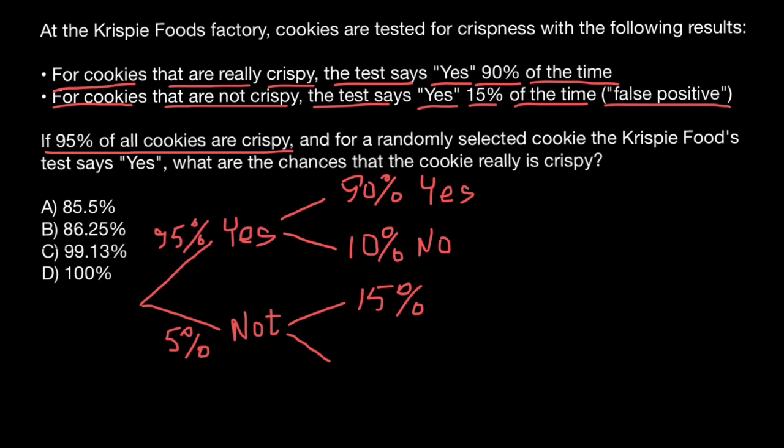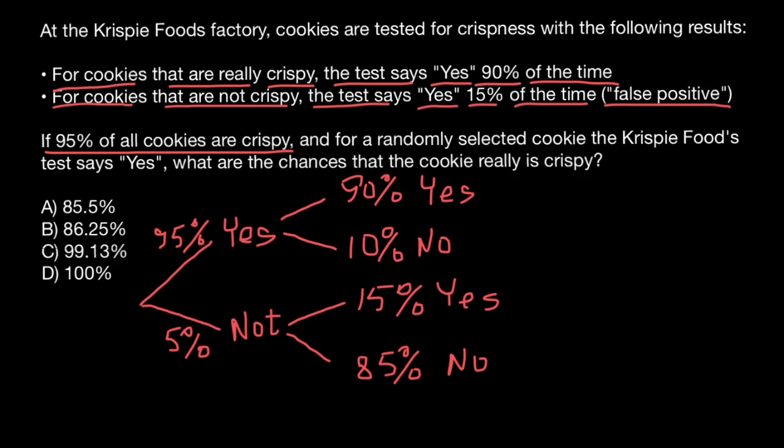So 15% yes. And that means that 85% it would say no, they're not crispy, and the test shows they are not crispy. So this is a correct test, and this is going to be false positive. Cookies are not crispy, but the test shows they are crispy.